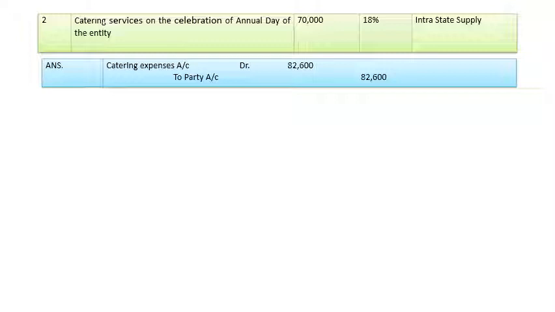So whenever ITC is not available, we have to add GST amount into the cost price of the expense, or whatever expenses incurred in respect of capital asset, goods or service, and add this figure into the main amount. So answer is catering expense account debit 82,600 to party account 82,600.